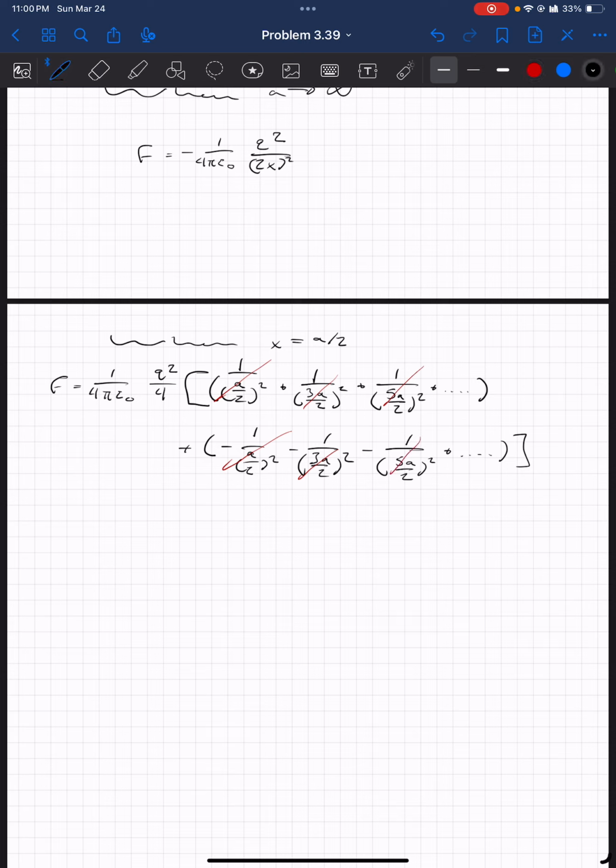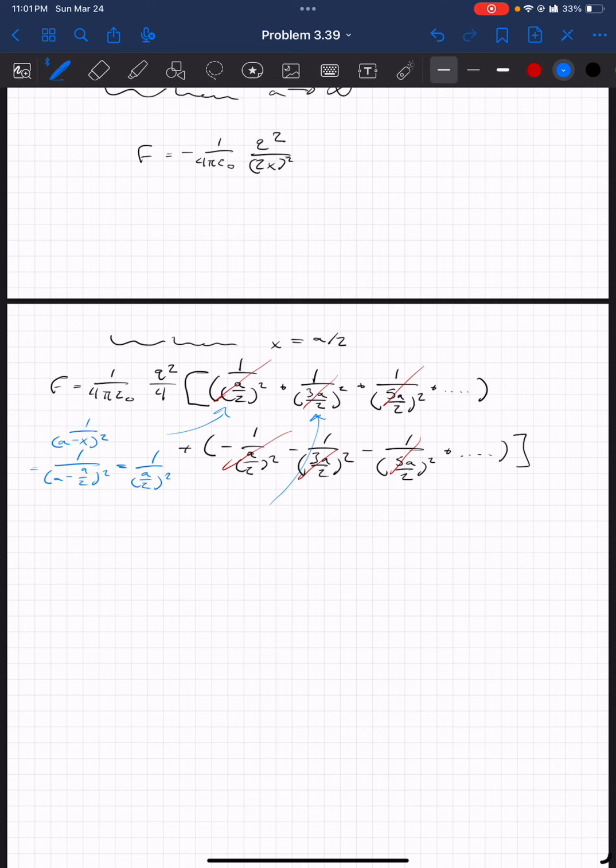And if you're wondering how we got a over 2 like here, or how we got 3a over 2, it's simply when you plug in x is equal to a over 2, for 1 over a minus x squared, you get 1 over a minus a over 2 squared, which just reduces to 1 over a halves squared.